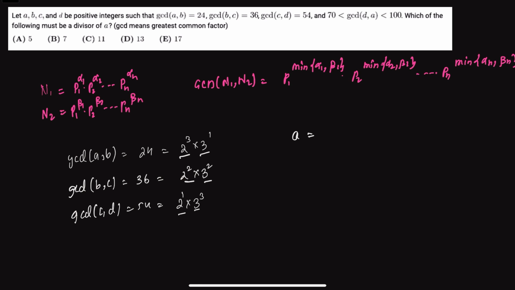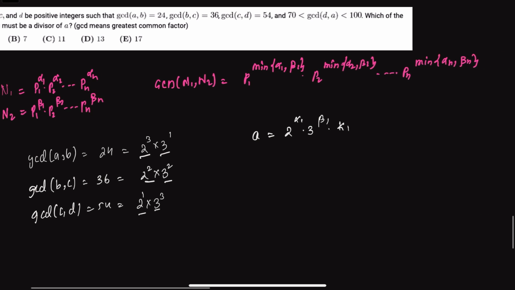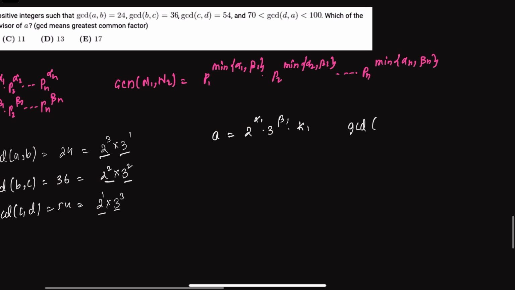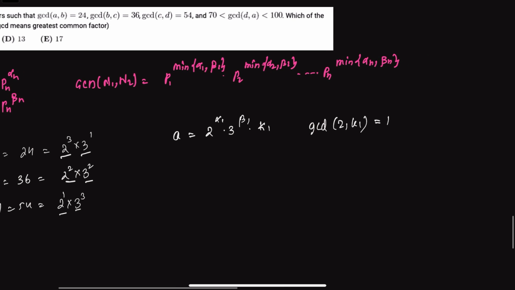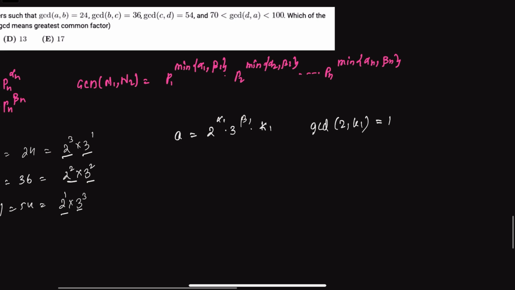So if I consider A as 2 to the power alpha 1 into 3 to the power beta 1 into some k1, we need to ensure that alpha 1 and beta 1 are the maximum possible 2s and 3s respectively in that prime factorization. So GCD of 2 and k1 would be 1, and GCD of 3 and k1 should also be 1.